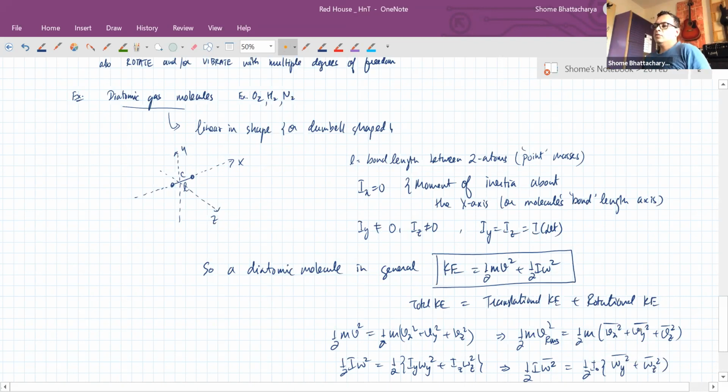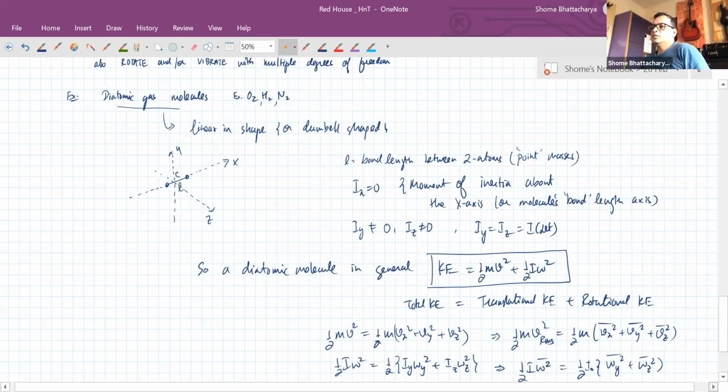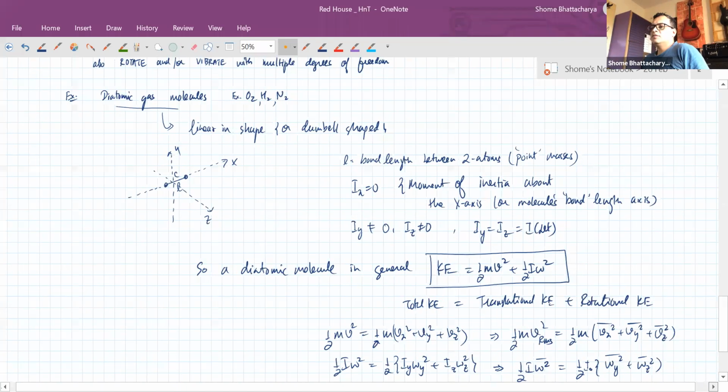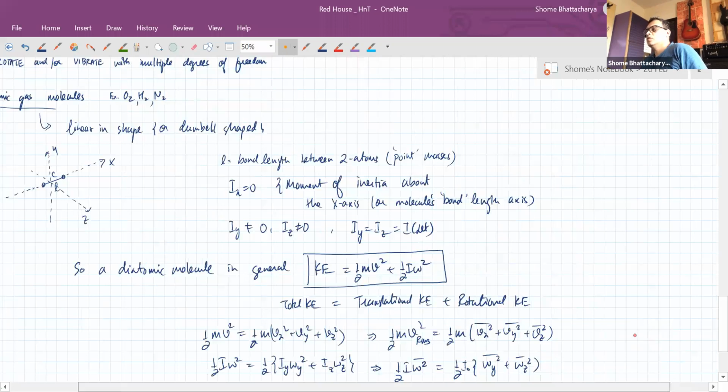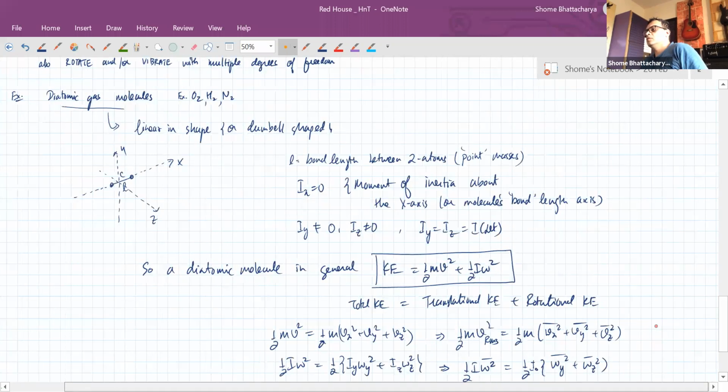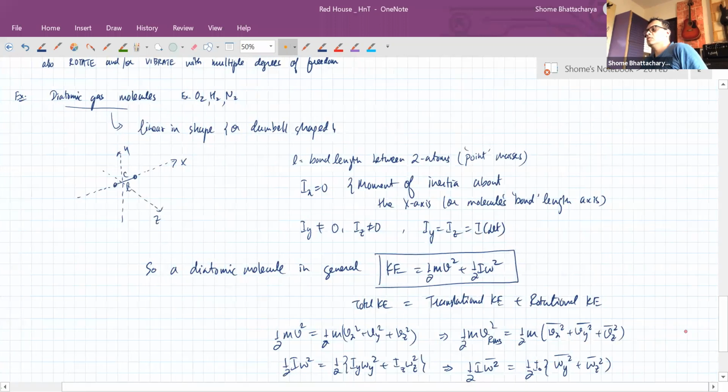So we can see that along with the 3 translational degrees of freedom, diatomic molecules have 2 rotational degrees of freedom. So they have 3 translational plus 2 rotational degrees of freedom.